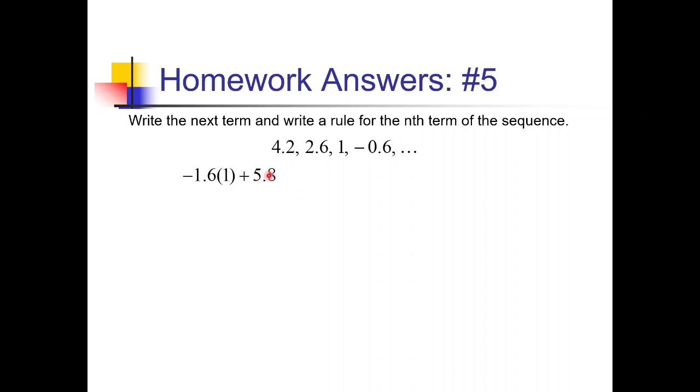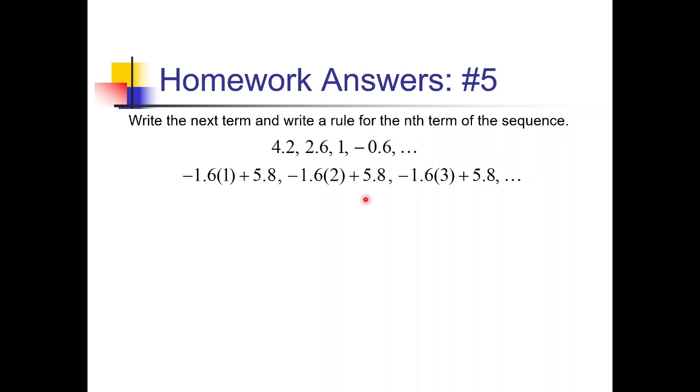So that's negative 1.6 times 1 plus 5.8. What if I did negative 1.6 times 2 plus 5.8? Well, that would be negative 3.2 plus 5.8, which is 2.6. And then let's put the negative on that. There we go. This would be negative 4.8 plus 5.8, so that would also be 1 there.